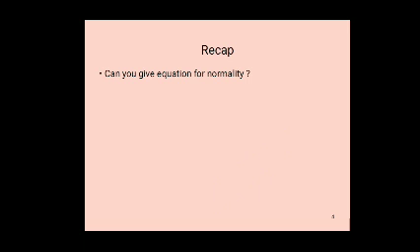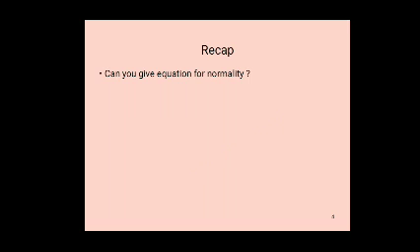Can you give the equation of normality? Normality is equal to weight by gram equivalent weight into 1000 by V in ml.